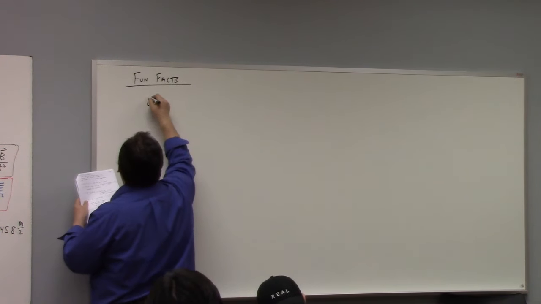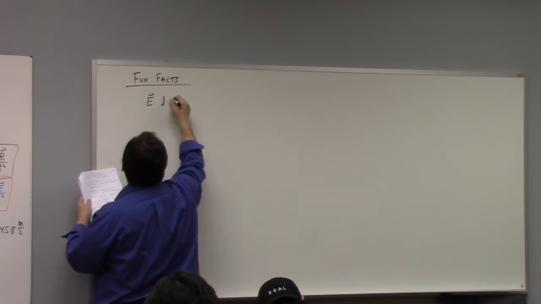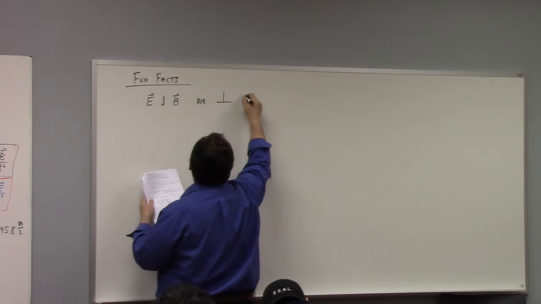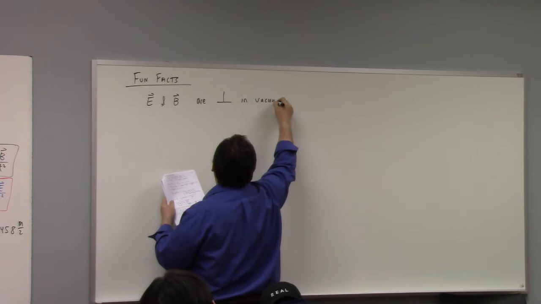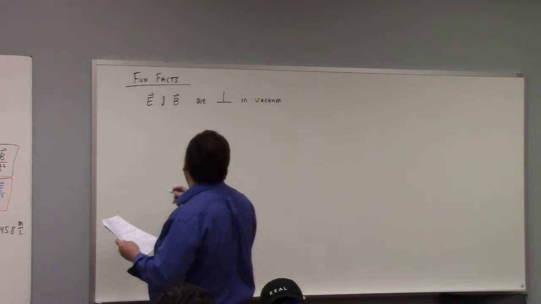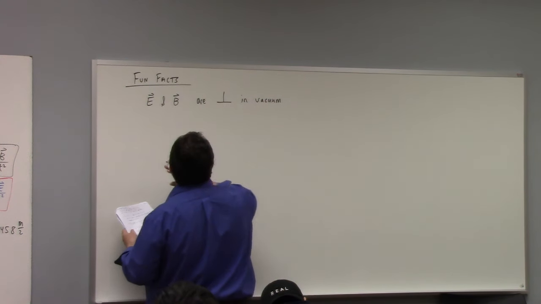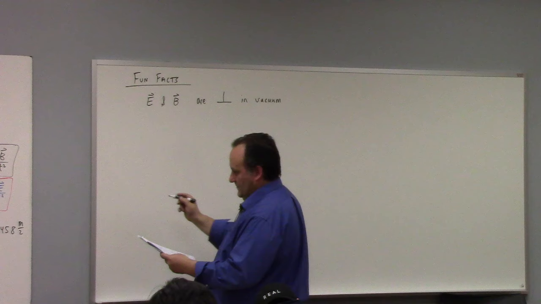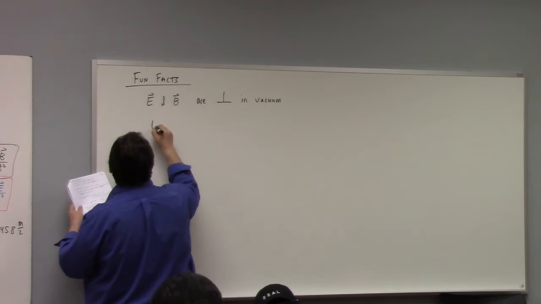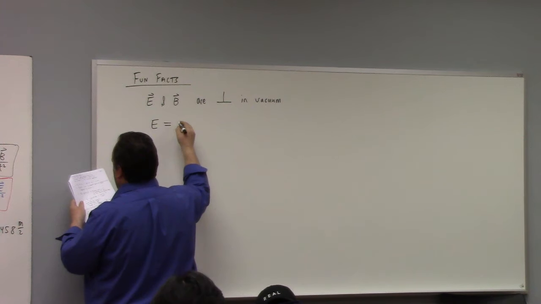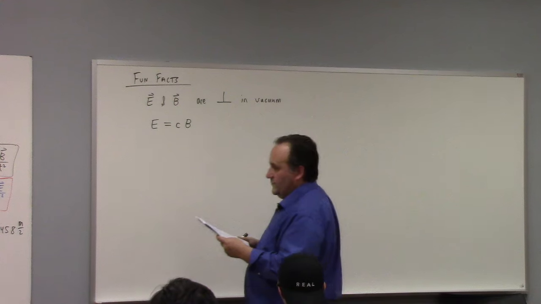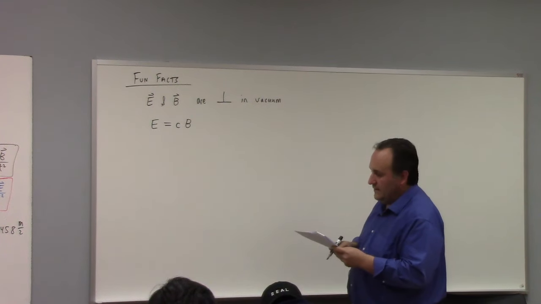So the electric and the magnetic field are perpendicular in the vacuum. When you solve these things, you get an electric field that goes one way, and you get a magnetic field which goes perpendicular to it. It turns out that the magnitude of the electric field is equal to c times the magnitude of the magnetic field, where c is the speed of light.